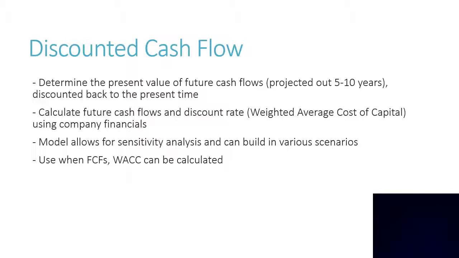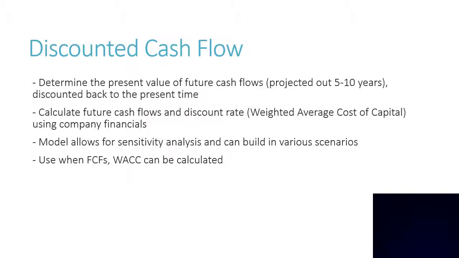So in this analysis, you basically calculate future cash flows and the discount rate, which is also the weighted average cost of capital, using company financials, and we'll go over just an example of a model in a second. But many people prefer a DCF because it is intrinsic, so they think that DCF is more reliable than relative valuation methods that might be influenced by how the market's doing or other extrinsic factors.